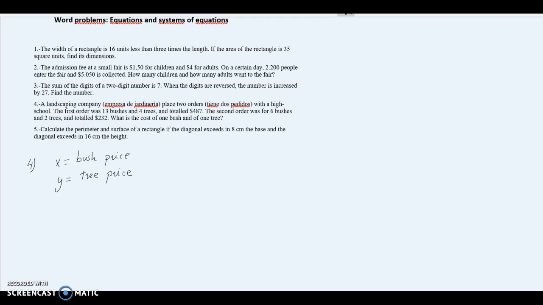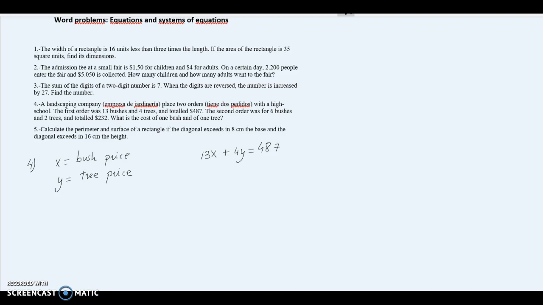A landscaping company placed 2 orders with a high school. The first order was 13 bushes and 4 trees, and totaled $487. So, first equation: number of bushes times the price plus number of trees times the price equals 487, what we totaled.